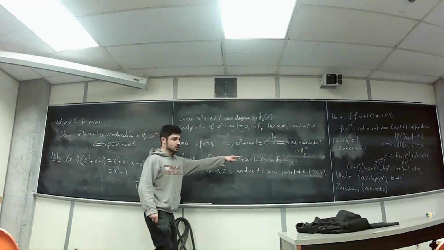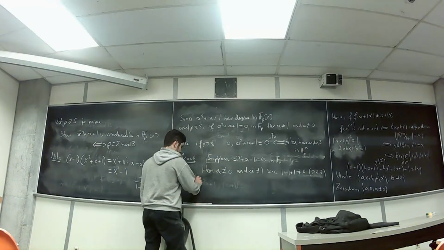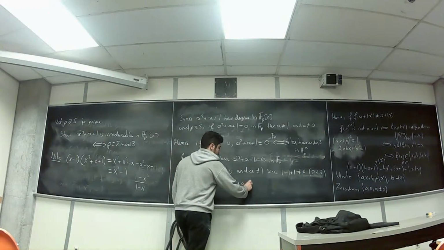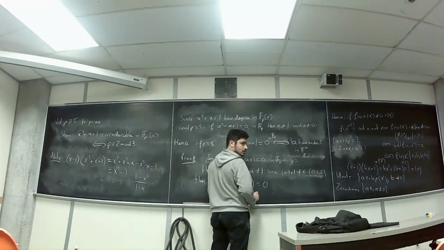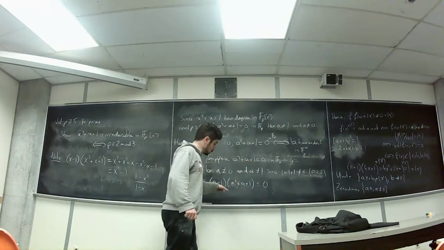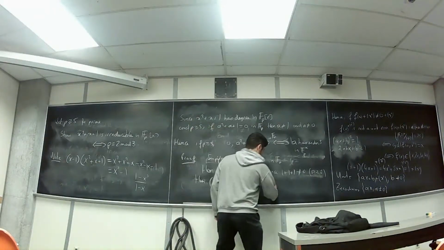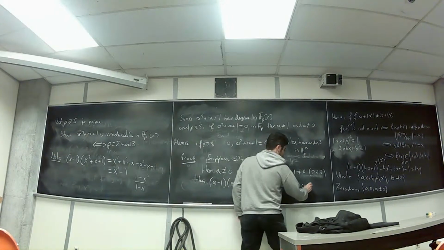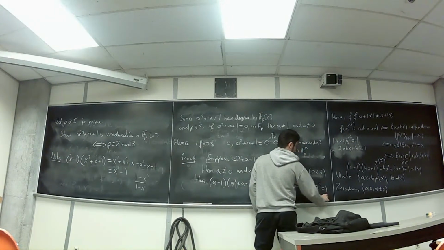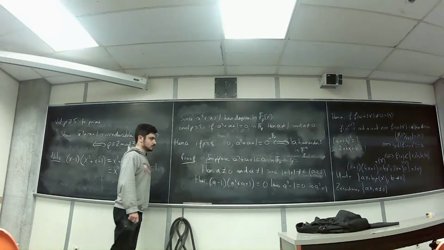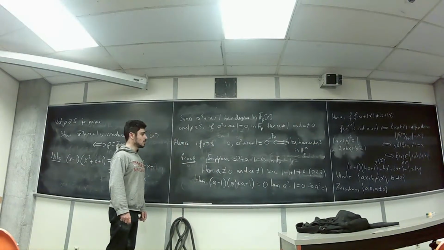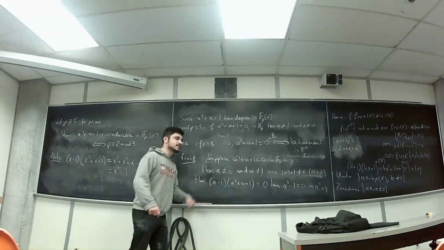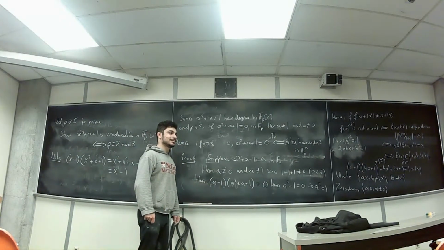Now, if a squared plus a plus 1 is equal to 0, then a minus 1 times a squared plus a plus 1 is equal to 0, right? This is 0 multiplied by a minus 1. What do you get? 0. Hence a cubed minus 1 is equal to 0. So a cubed is equal to 1. So a has order dividing 3 in Fp star, and a is not 1. What's the order of a?